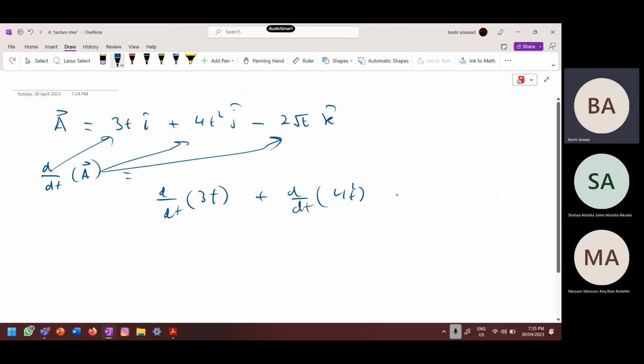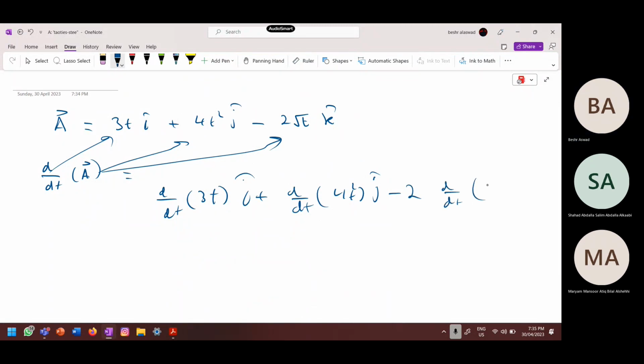Since negative 2 is just a constant, you can remove it from the calculation.